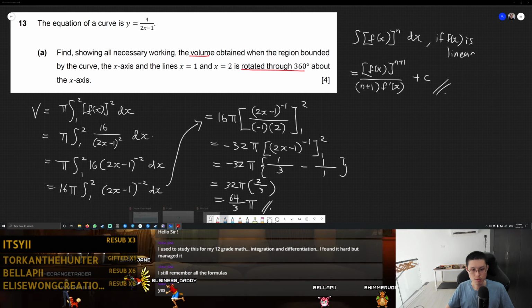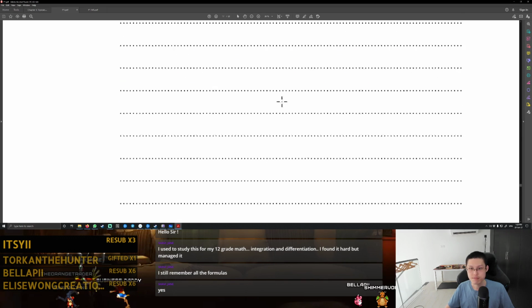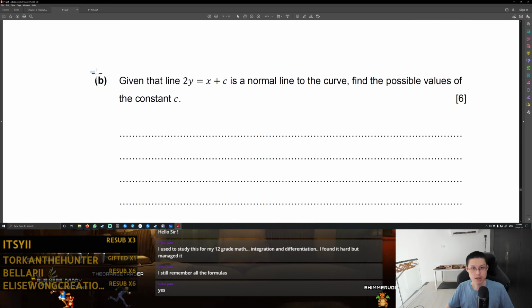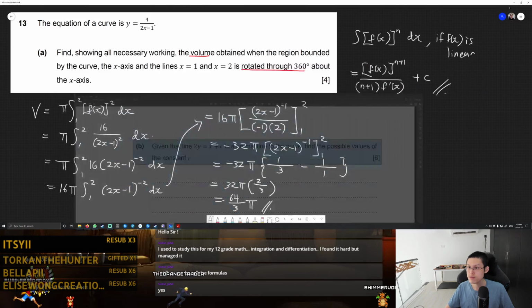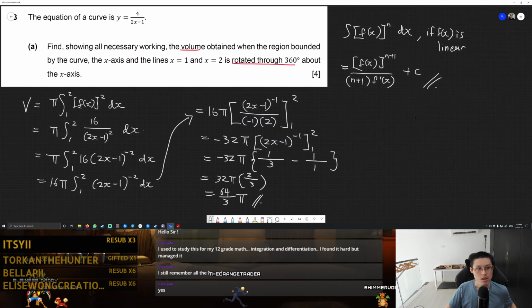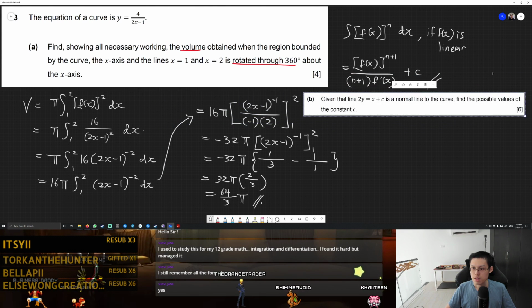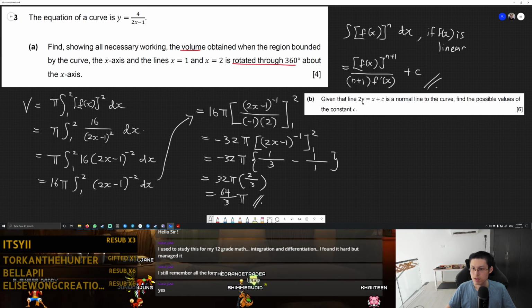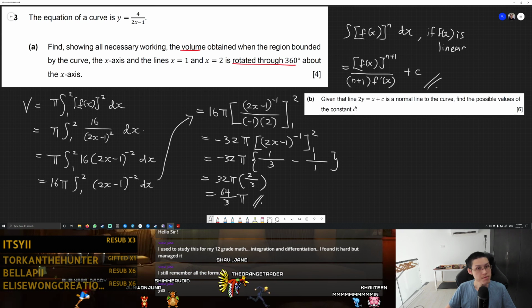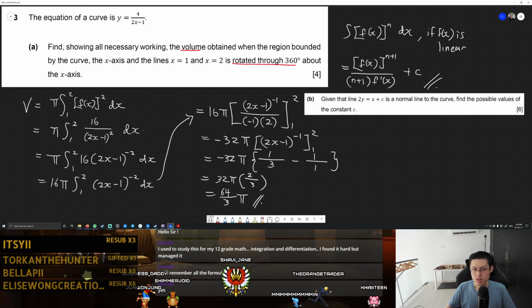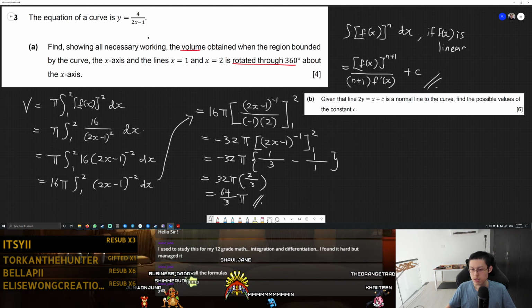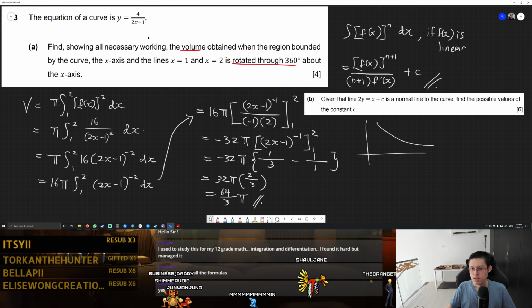Okay, moving on to the next part of the question. Given that the line is normal to the curve, find the possible values of the constant c. All right, so this curve is actually 1 over f(x). So the curve kind of looks like something like this. So this other line is a normal line to the curve. Okay.